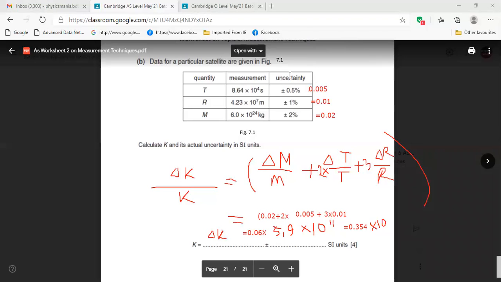Sir, the final answer would be 0.354 times 10 to the power 11 plus minus 0.06. Yes. We should maintain one thing: the decimal points should be matching for both. Like you got here 0.354, so after decimal you have three digits, and the previous one you have 5.9, right?